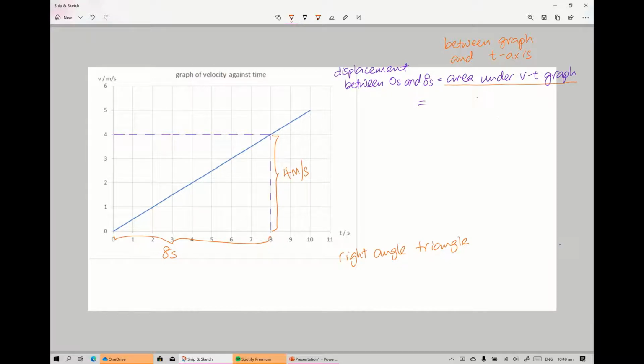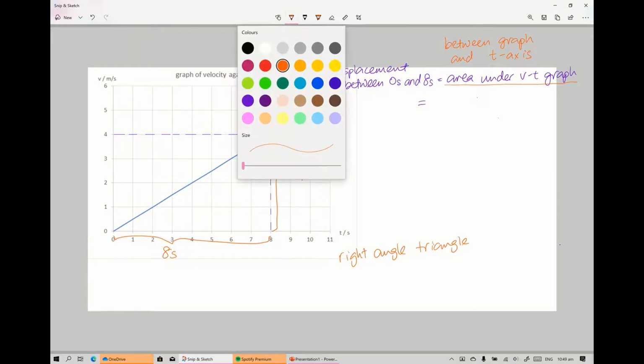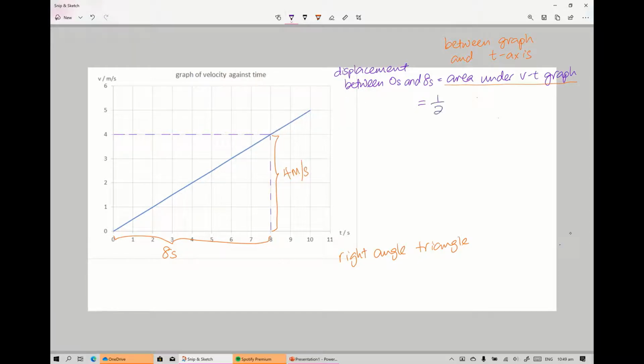So area under VT graph is half times base, 8 seconds, times height, 4 meters per second.